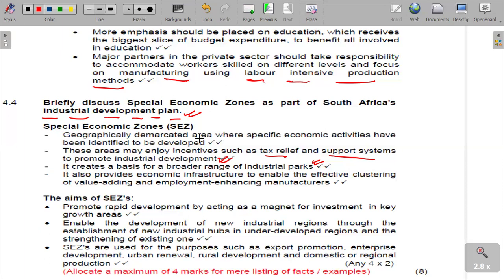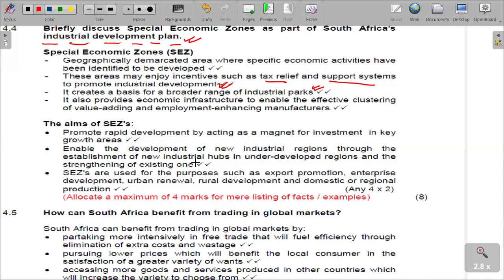That is the definition of special economic zones. And then the aims are to promote rapid development by acting as a magnet for investment in key growth areas. That is to say that development can take place very fast because of the specific demarcated region that has been identified, and resources for the development of that place are being channeled there.